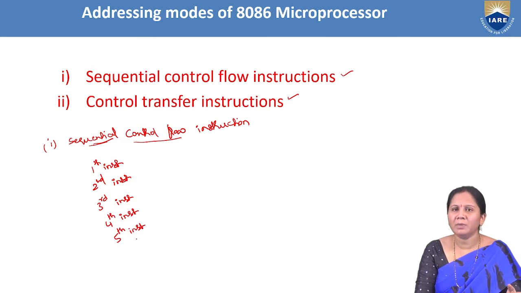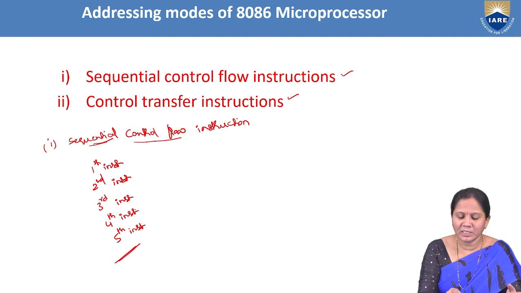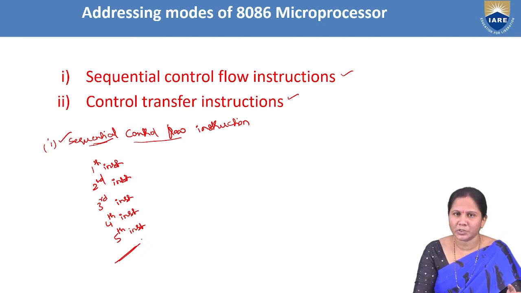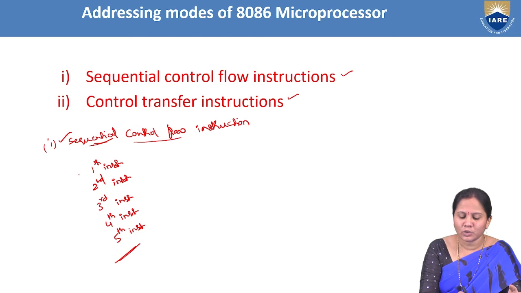So if your program consists of 5 instructions and it is sequential control flow, that means the processor will be executing instructions in the sequential order. Initially it is going to execute the first instruction, then it executes the second instruction, then only it goes to the third instruction.